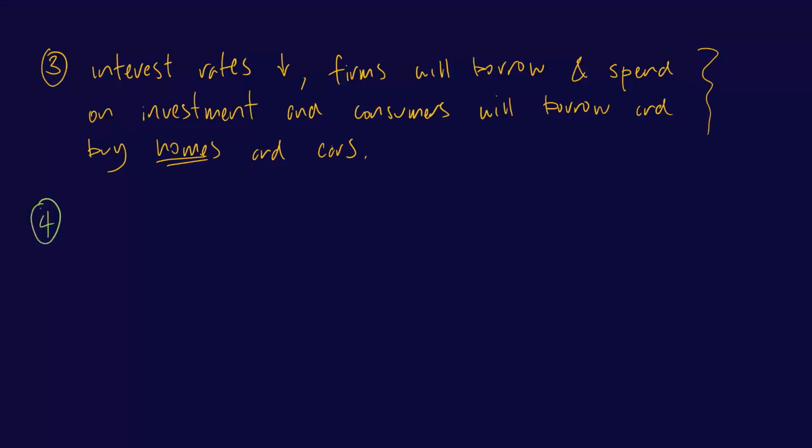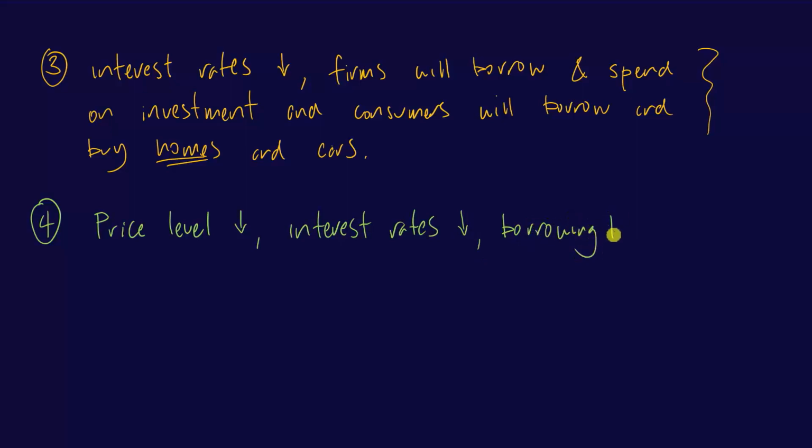All right, so to sum up, when the price level goes down, interest rates go down, borrowing goes up, spending on investment goes up, and maybe a few other things like cars or boats or those sorts of things.